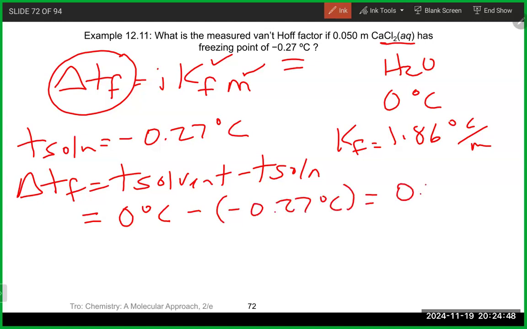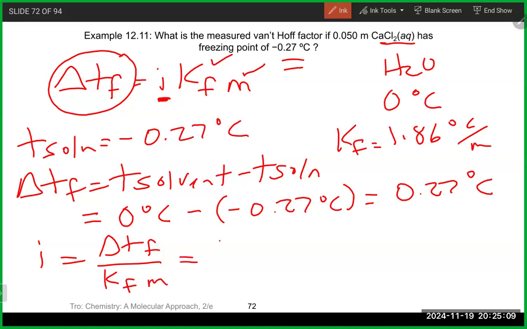This once again is how the negative goes away, and that will give us our change in freezing point temperature. Now that we have that, we could solve for i here, and i would equal our change in freezing point temperature divided by our Kf and our molality.